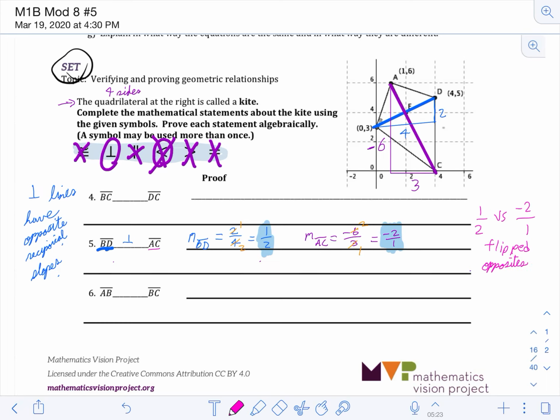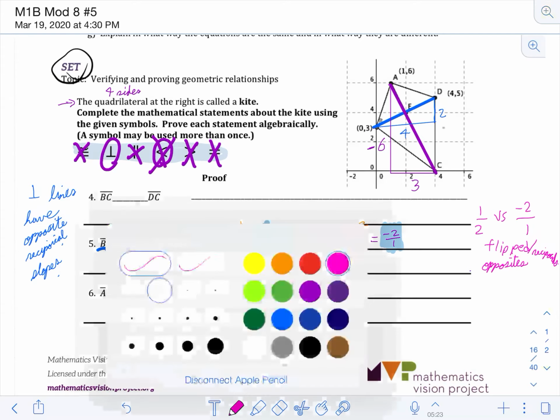Opposites are numbers where one's positive and the other's negative. They're also flipped, because one is 1/2 and the other is 2 over 1, and flipped is another way that we describe reciprocals. So they are opposites and reciprocals. Since the slopes are opposite reciprocals, the lines are parallel, or sorry, perpendicular.